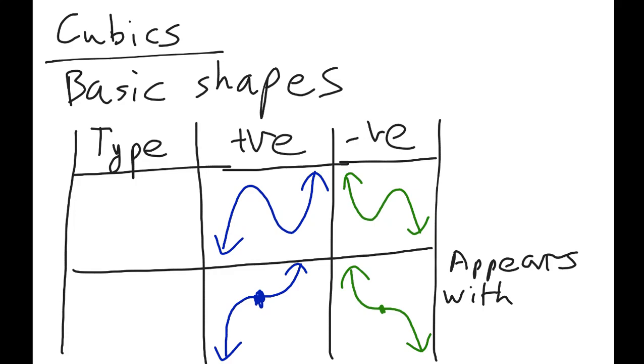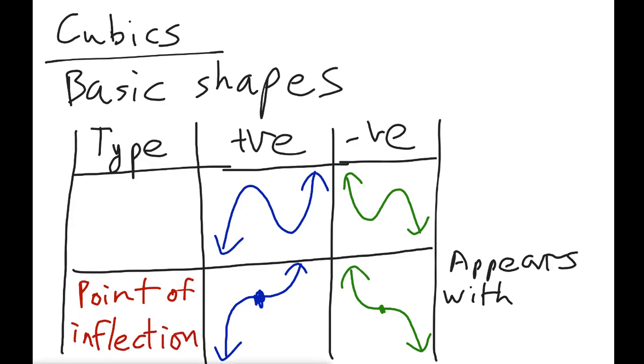This particular flat point is one where we have a point of inflection. And this normally appears when you have an equation that looks like this.